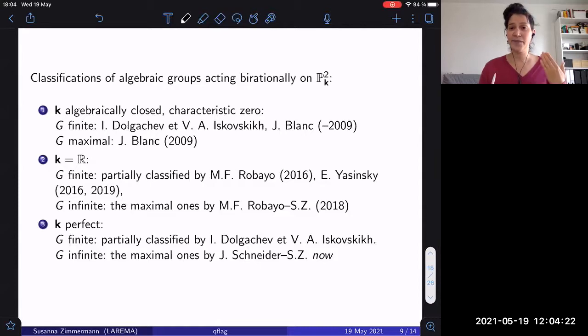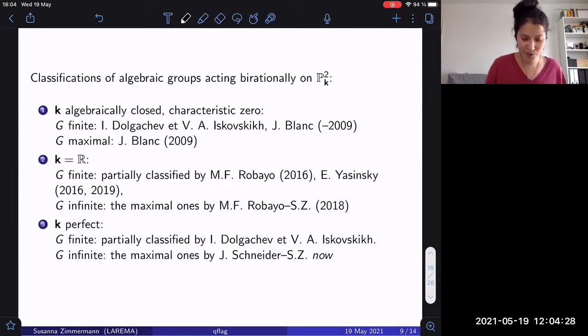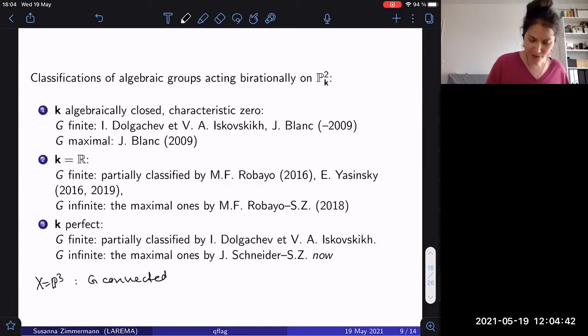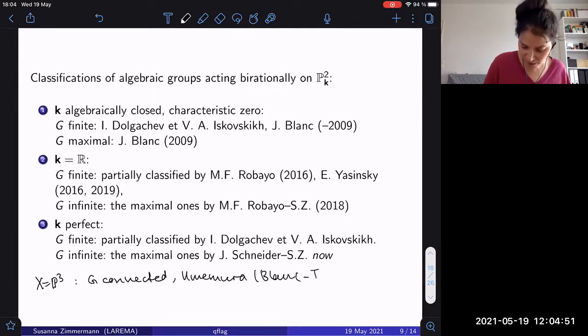And then maybe I could add that in higher dimension, there is a classification of connected groups. So in dimension 3, I'm going to write here maybe X equal to P3, for G connected, this is by Umemura, and then a work by Blanc, Fanelli, and Terpereau.